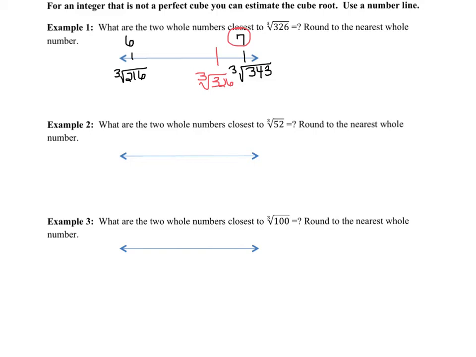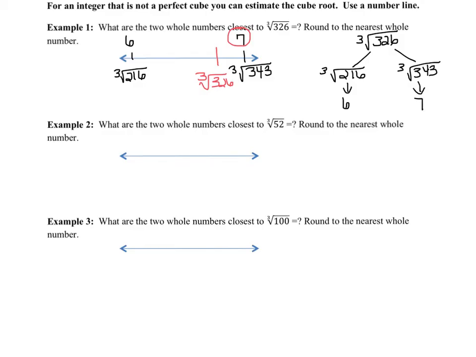Now, if you like doing the trees instead, you would do the cube root of 326 and break it up. The cube root of 216 is equal to 6. The cube root of 343 is equal to 7. So how far away are we?